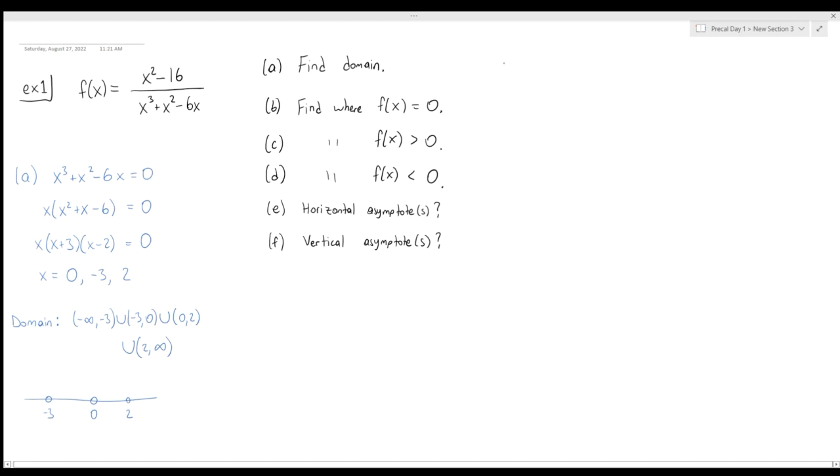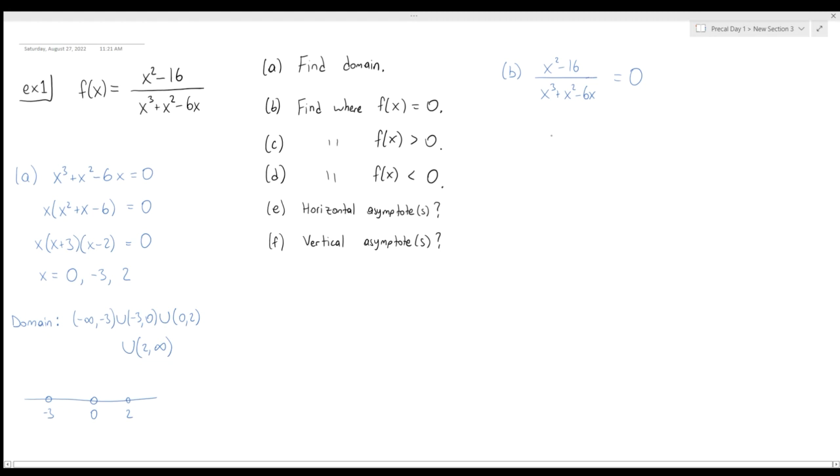All right, so then next, let's take a look at part B. Now in part B, finding where the function is equal to 0. So if we were to take the function and set it equal to 0 to try and solve for x, that might look complicated, but you can multiply both sides of this equation by the denominator.